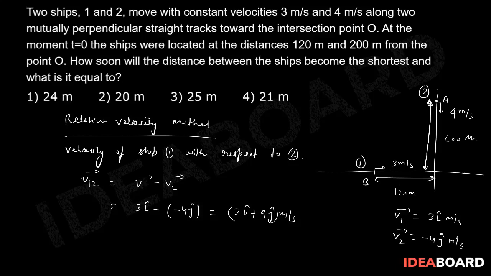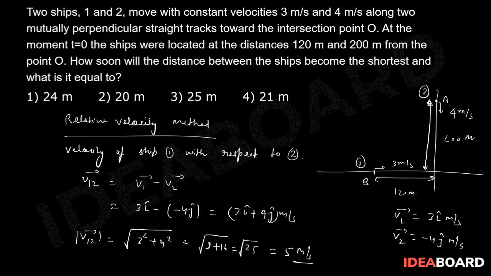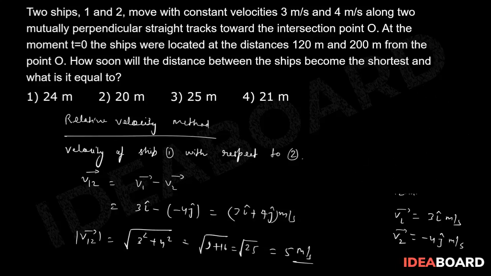Now we can find the mod of V12, which is simply the square root of 3 square plus 4 square, the square root of 9 plus 16, which is the square root of 25, that is 5 meter per second. So we already got the magnitude of V12, the relative velocity.